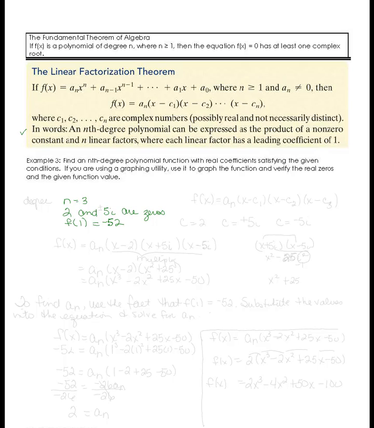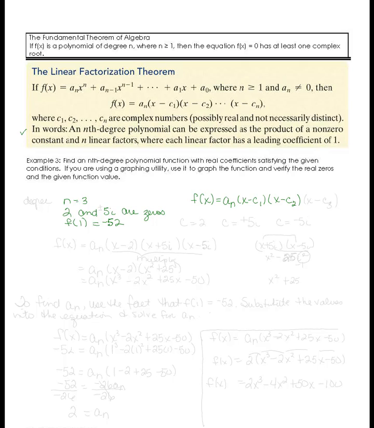So we're going to use the linear factorization theorem: f of x is equal to a sub n times x minus c sub 1 times x minus c sub 2. How many actual zeros do we have?